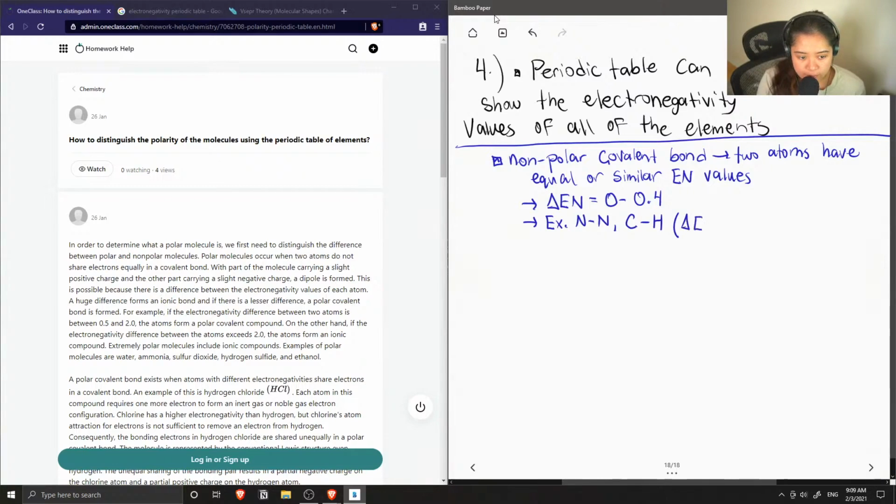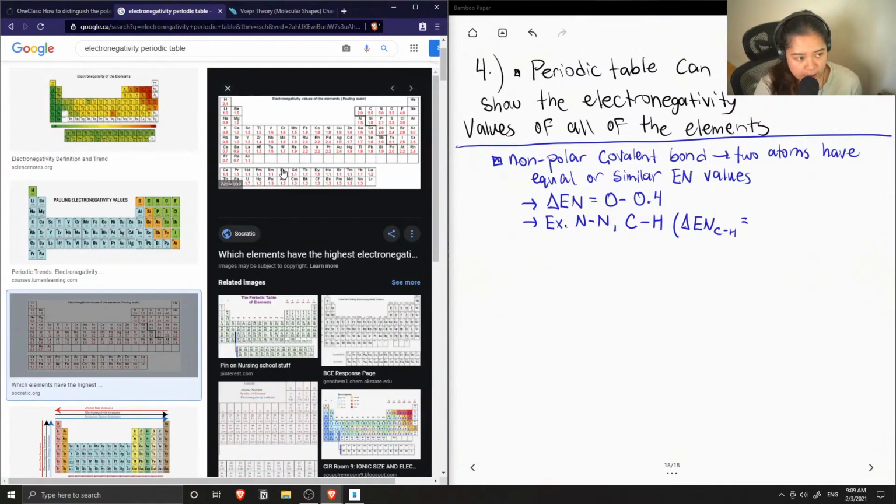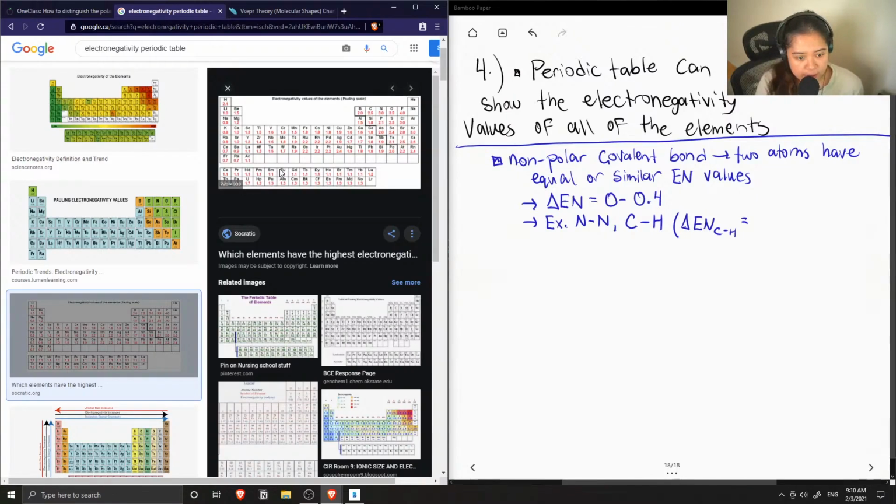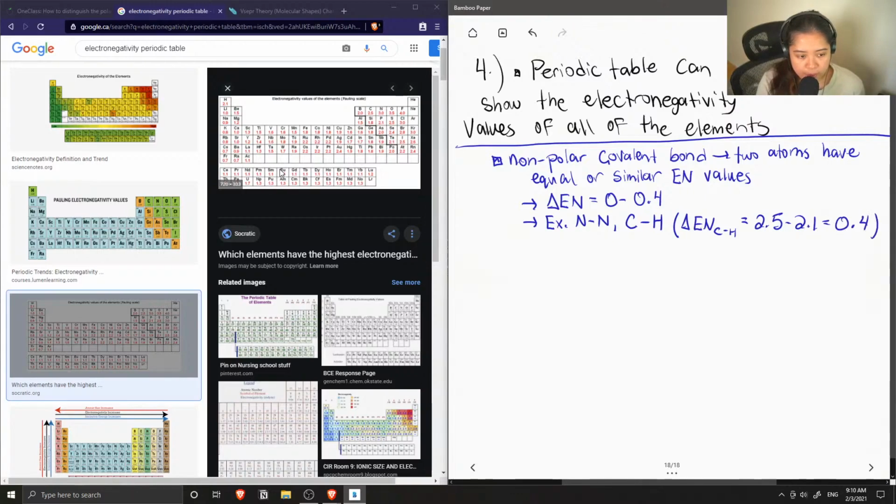If we were to find the difference in electronegativity between carbon and hydrogen, we would look at this table and see that carbon has an electronegativity value of 2.5 and hydrogen's is 2.1. So their difference is only 0.4, making the bond nonpolar.